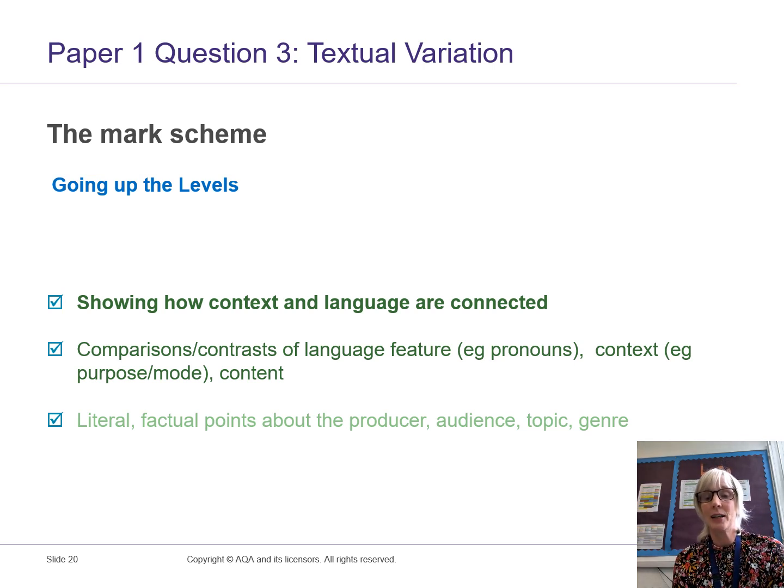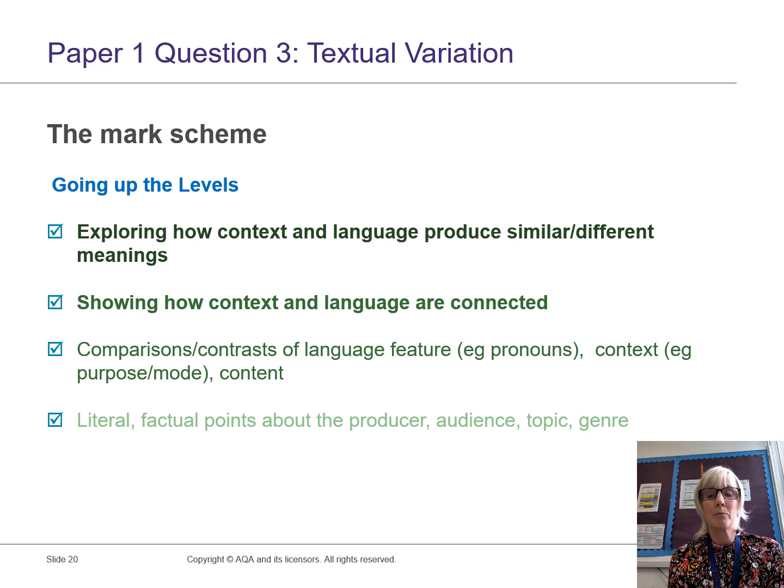So you can say they're both spoken texts, but there's evidence that the modern text would also have been broadcast to a wide audience, and that would explain some of these language features, whereas the 1897 speech would have been heard only by the audience present at the time, and that explains these language features.